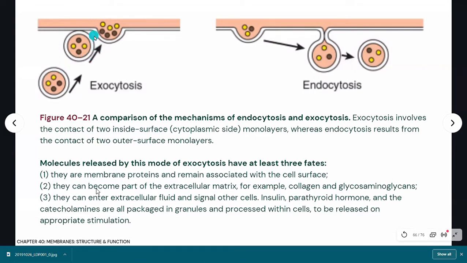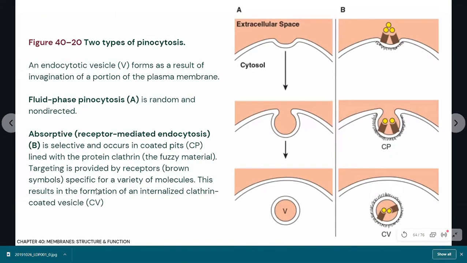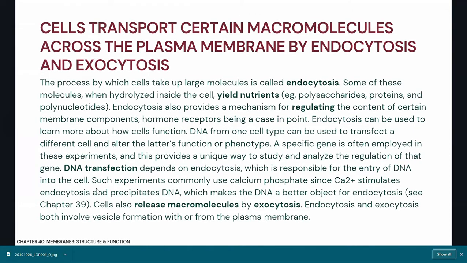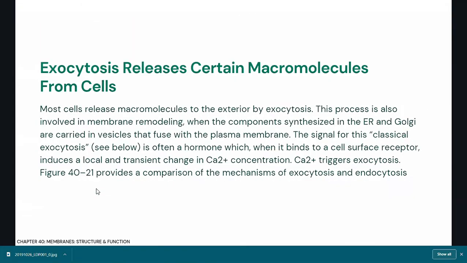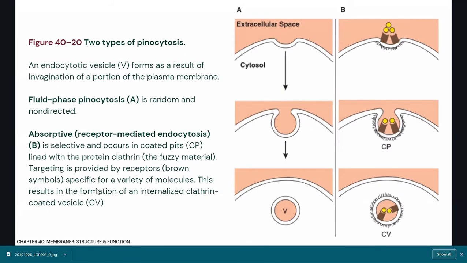Look at this. It will join the membrane and then extrude out what it contains. So that is the opposite of invagination, where it forms a vesicle and then you still have the membrane here.